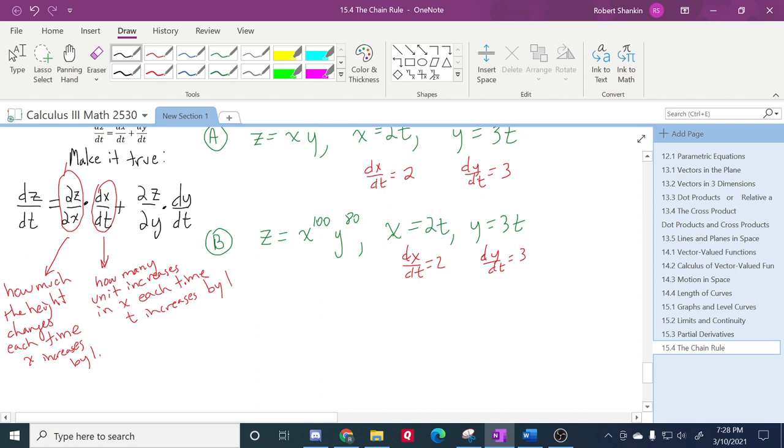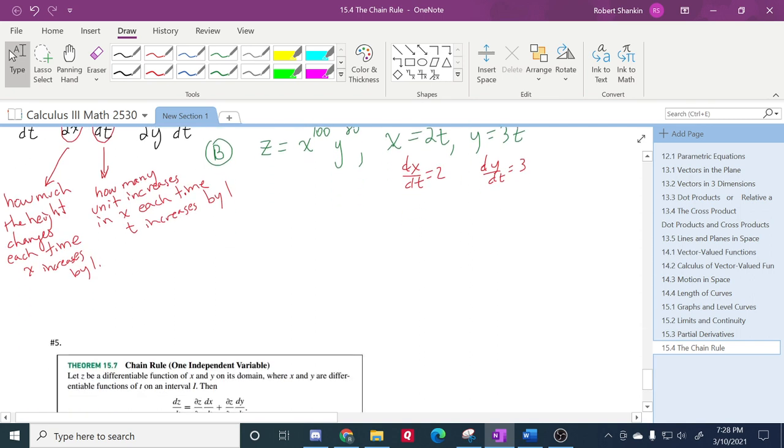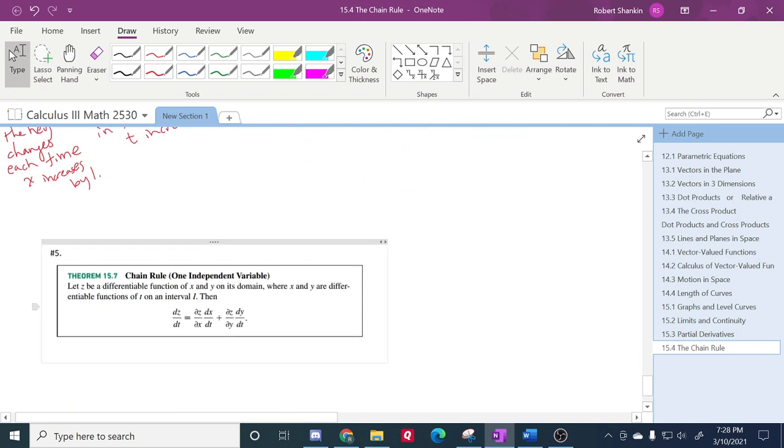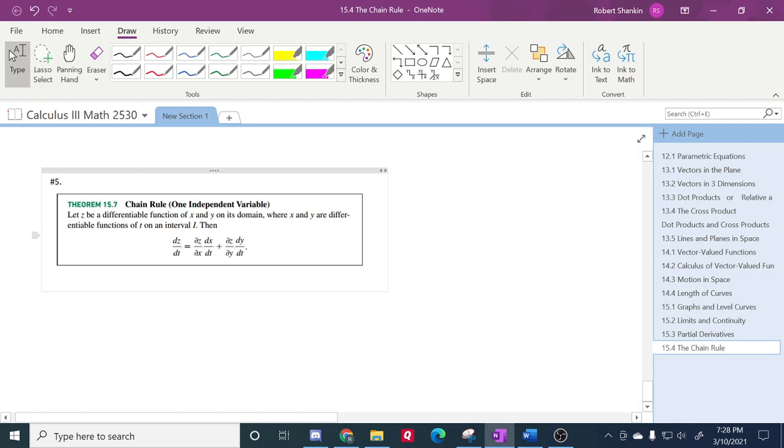This is how many unit increases in Y each time t increases by 1, and then how does it affect the z every time there's a unit increase in Y. And so we're going to have both of these things added together in here. And this is the three-space chain rule.